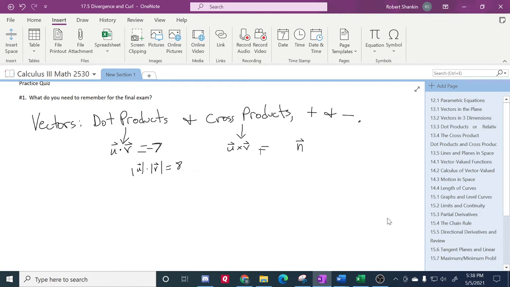So, vector valued functions, what are they? It's like a function with maybe a real number as an input, or two real numbers as an input, and a vector as an output.